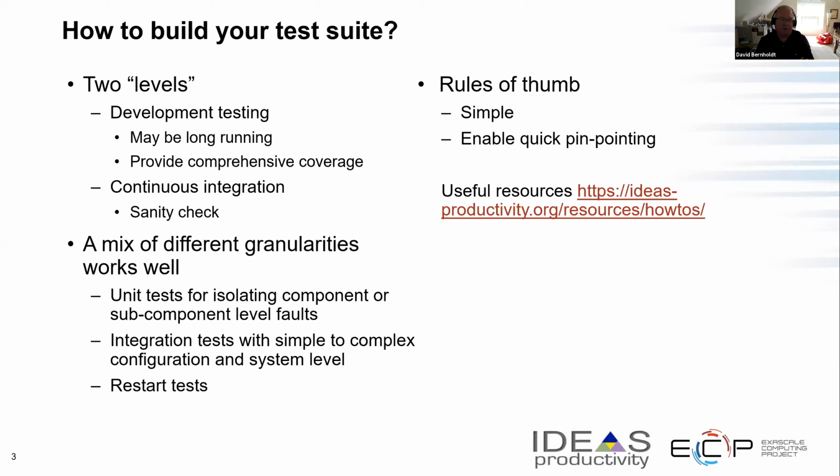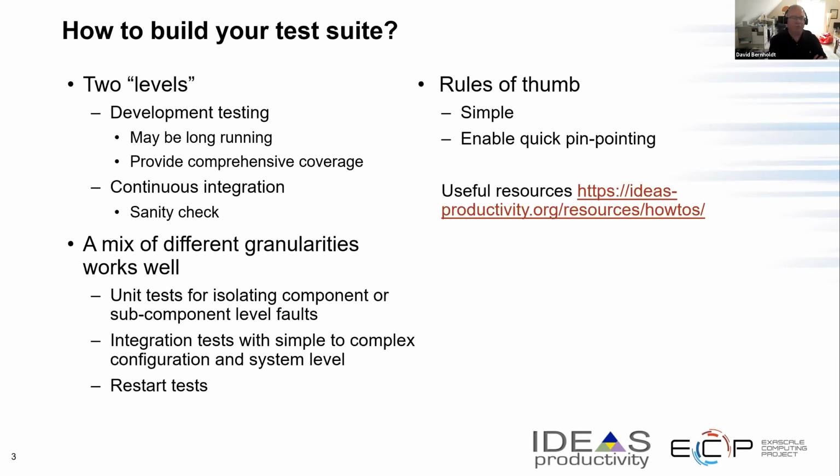Continuous integration, on the other hand, which Jim will go into a great deal of additional detail about, is really meant to be more of a sanity check. It's meant to help ensure that during the development process, you're not introducing simple bugs which can impact really everybody's development practices.